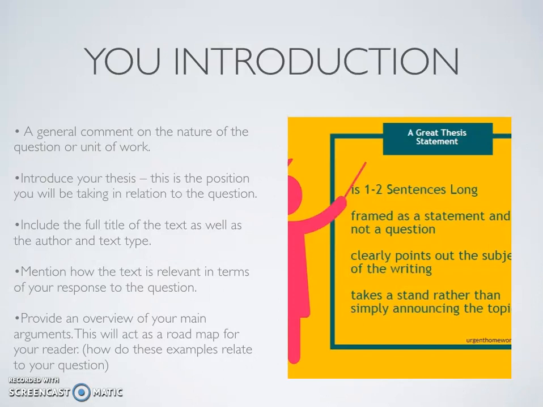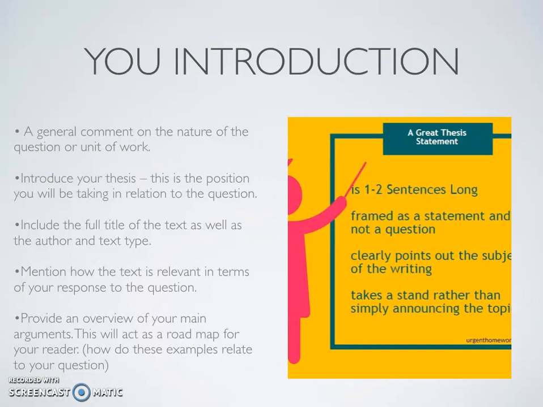Within your introduction, you should also include a full title of the text as well as the author and perhaps the text type. So, for example, you might write something like Maya Angelou's powerful poem, Phenomenal Woman, for example.